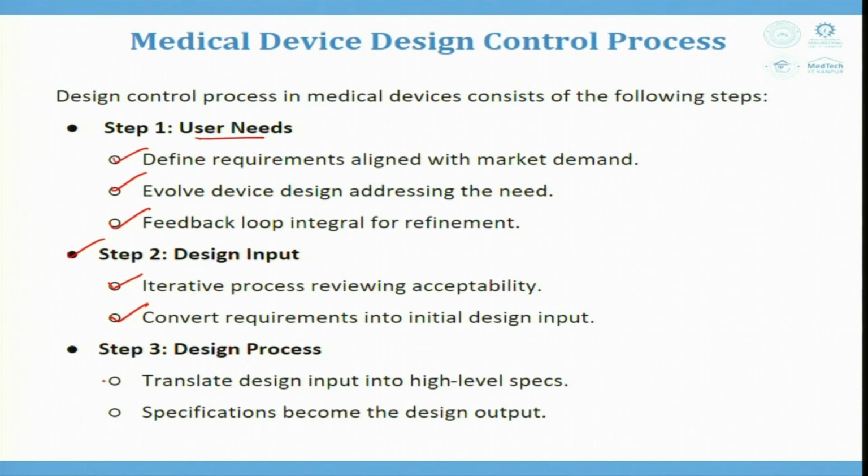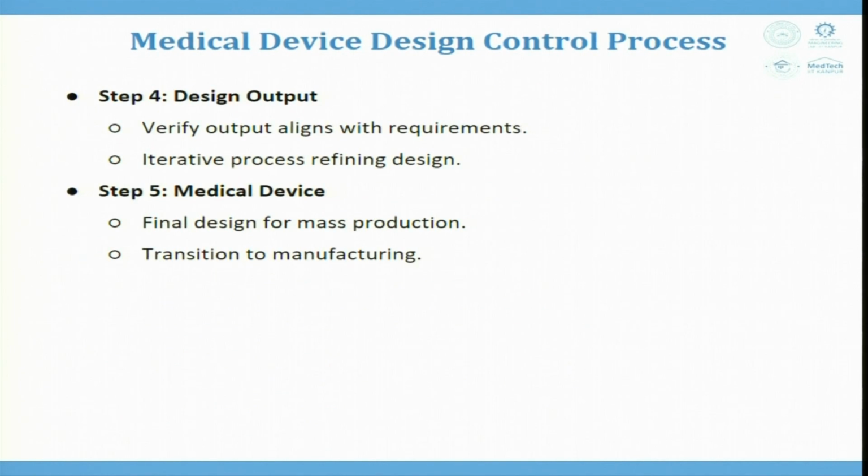Step 3 is design process, that is translating design input into high level specifications, and these specifications become the design output. Next comes the design output, where we verify the output whether it aligns with the requirements or not, then an iterative process of re-refining the design wherever necessary. Then finally, step 5 is the medical device, that is what we have as the final design for mass production, then transition to the market.